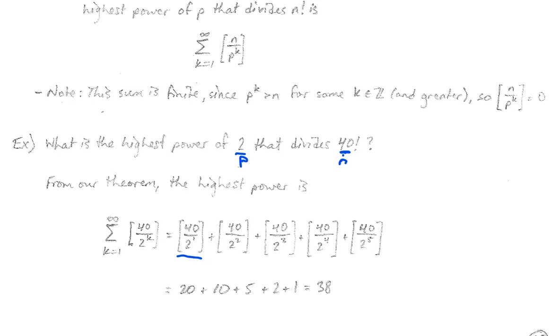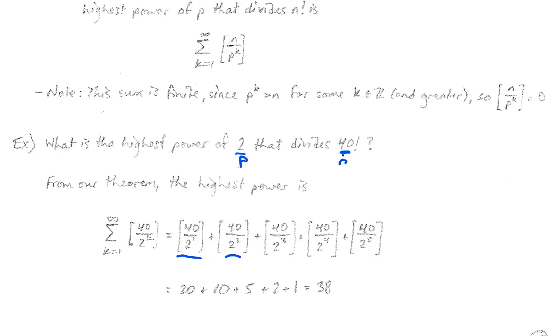Then we raise our k value up. So it's 40 over 2 squared. And while you're going through these powers, what you want to be thinking is, when do I have to stop? When do I not have to go through adding more terms and raising the power one more?